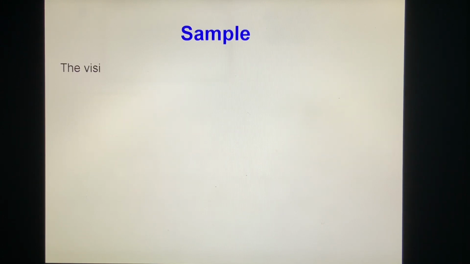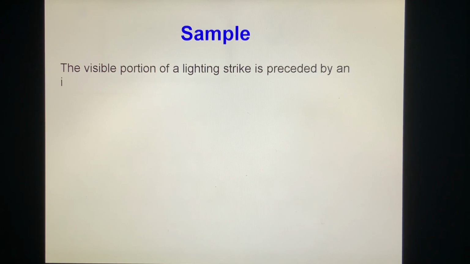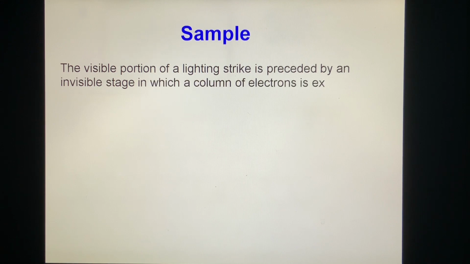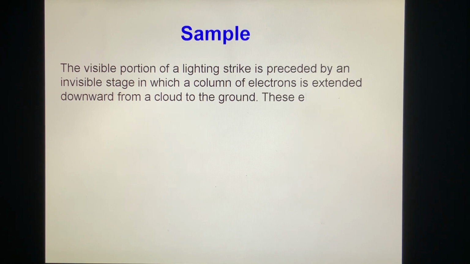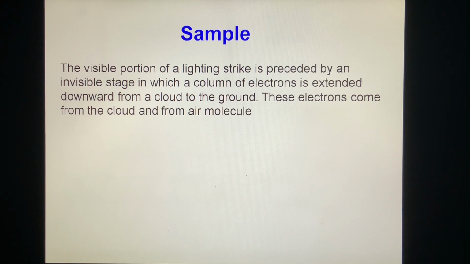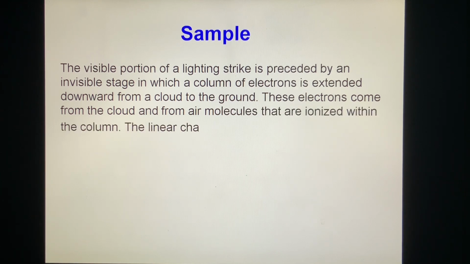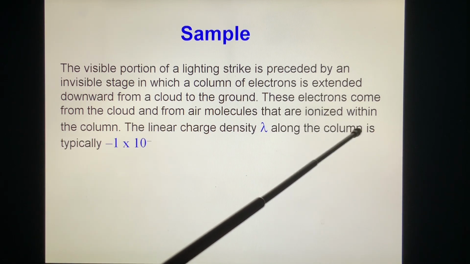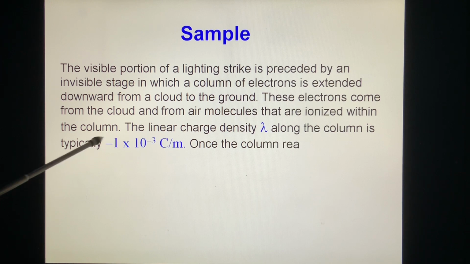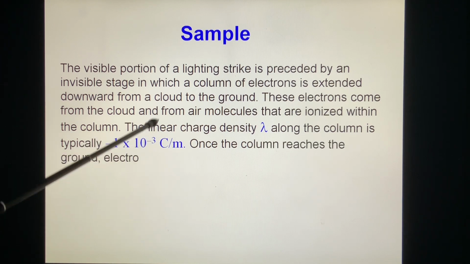Sample problem: the visible portion of a lightning strike is preceded by an invisible stage in which a column of electrons extends downward from a cloud to the ground. These electrons come from the cloud and from the air molecules that are ionized within the column. The linear charge density lambda along the column is typically -1 times 10 to the -3 coulomb per meter.